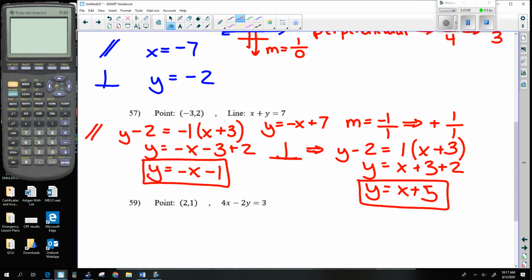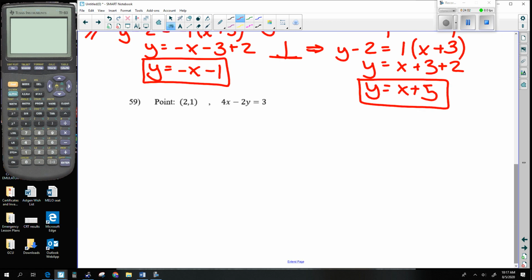There's your perpendicular equation. All right, kind of speeding up the process here. So we got -2y is equal to -4x plus 3 divided by -2, 2x minus 3 over 2. So this currently has a slope of 2.